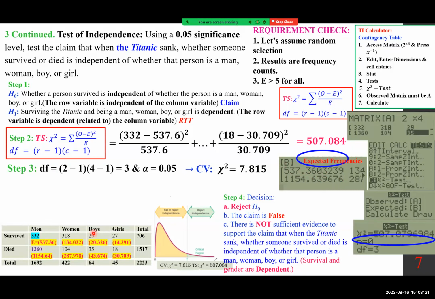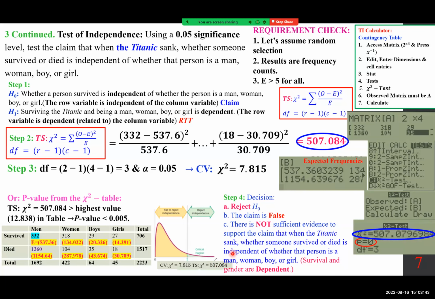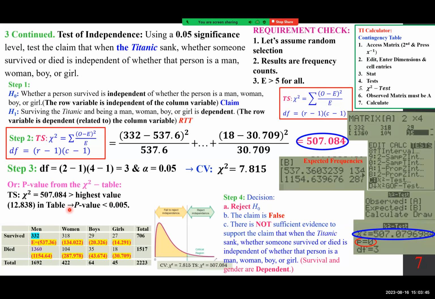But here's what I want you to notice. First and foremost, look at the number. We had calculated it by hand, very close to the one done by calculator. And the p-value is 0. Clearly, the area to the right of this number is almost 0, which is less than alpha 0.05, so reject H0. If you go with the table, you get way less than 0.005.